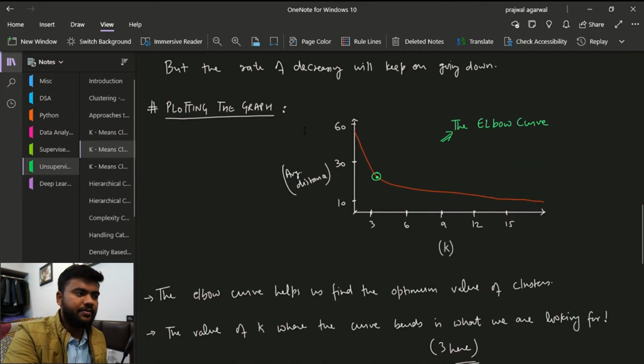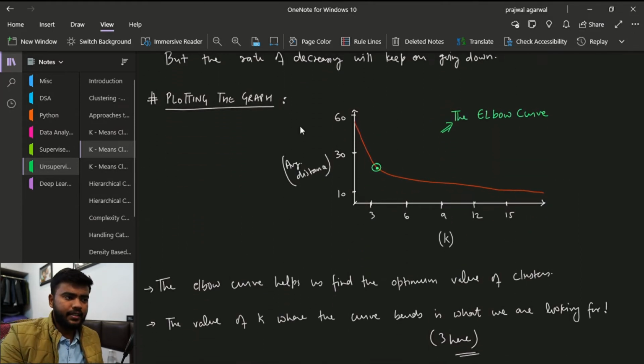For that we plot a graph. On the y-axis we have the average distance, and on the x-axis we have the number of clusters. Initially here we have 1, here we have 2. When we have one cluster, the average distance is going to be much higher.